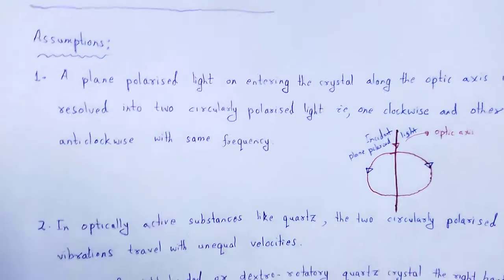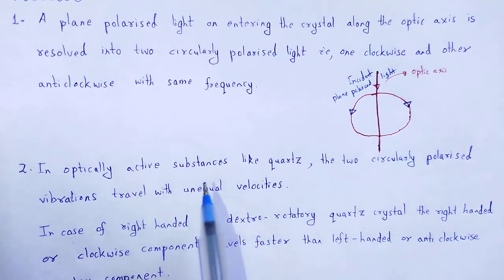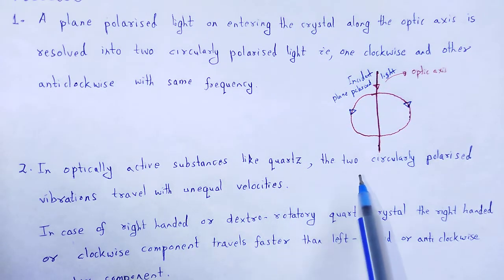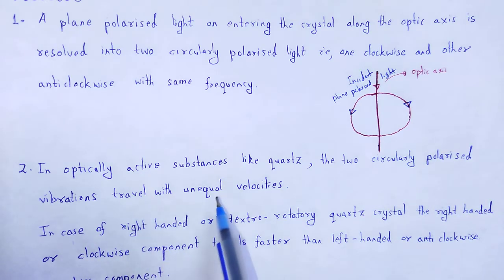Next assumption: in optically active substances like quartz, the two circularly polarized vibrations travel with unequal velocities.